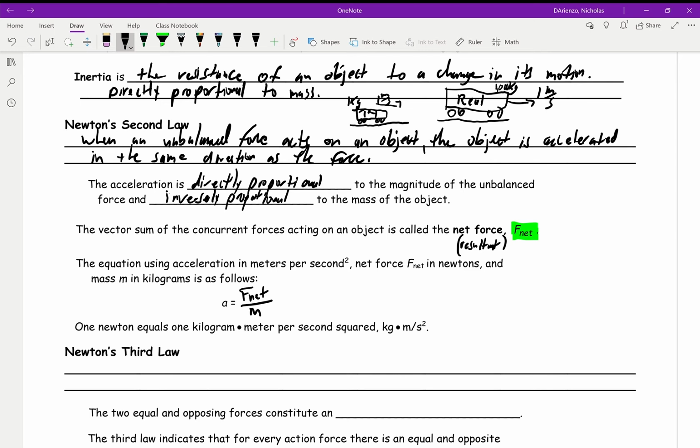And 1 Newton is equal to 1 kilogram times a meter per second squared. Another way to think about that is that 1 Newton is the force that imparts an acceleration of 1 meter per second squared to a 1 kilogram mass.